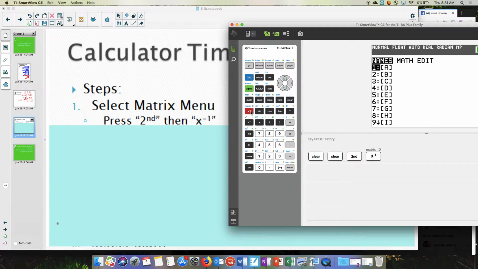Okay? In our matrix menu, here are all of our matrices. They're given a name. We can do operations with them, and we can edit them. Okay? If you want to get out of the matrix menu, then press second quit, which is the button right next to second, and it takes you back to the original screen. Okay.